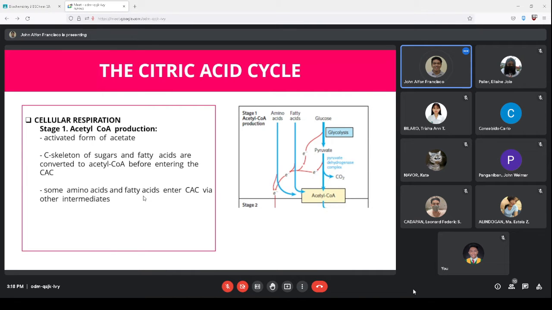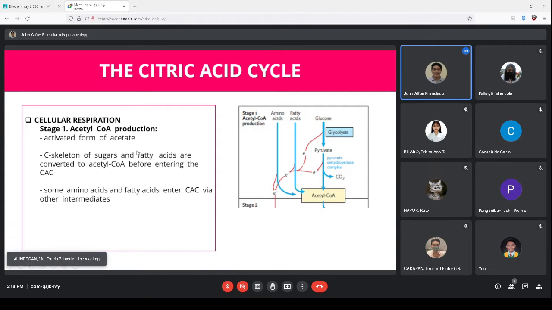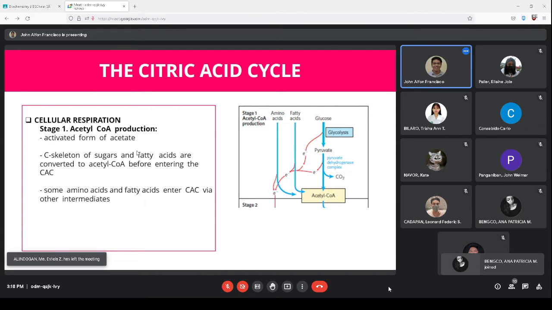The first stage, acetyl-CoA production, uses an activated form of acetate, where you attach CoA to your acetic acid. So acetyl-CoA is an activated form of acetate. It needs to be activated so it can undergo reaction, and at the same time penetrate into the mitochondria.